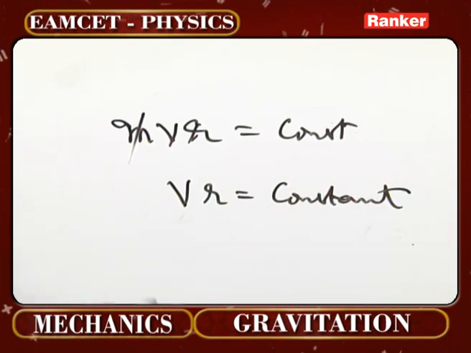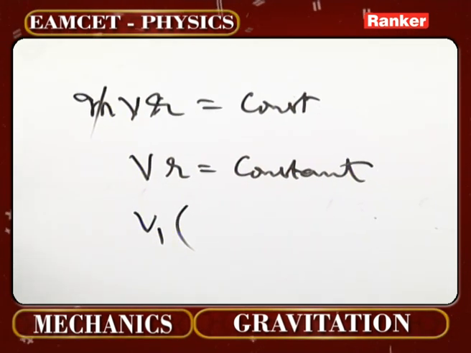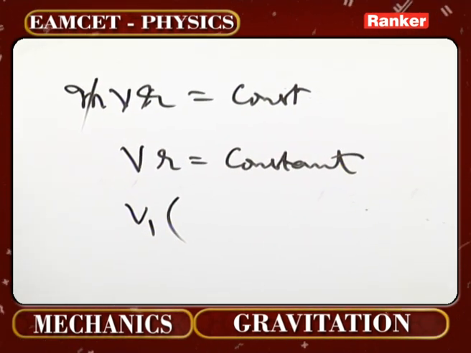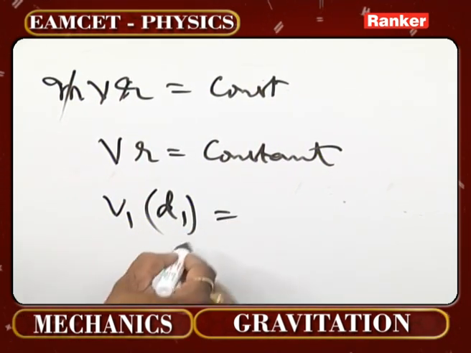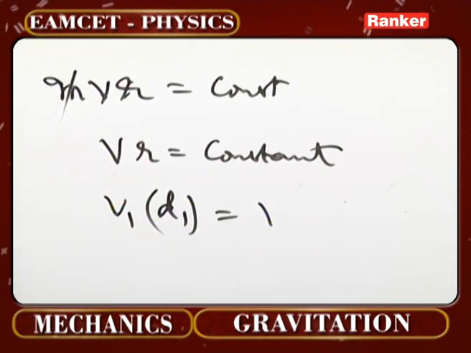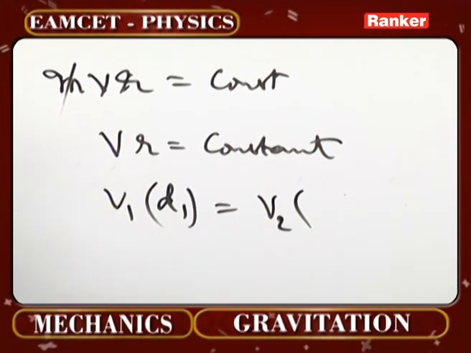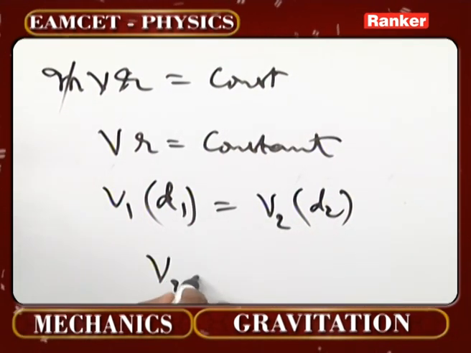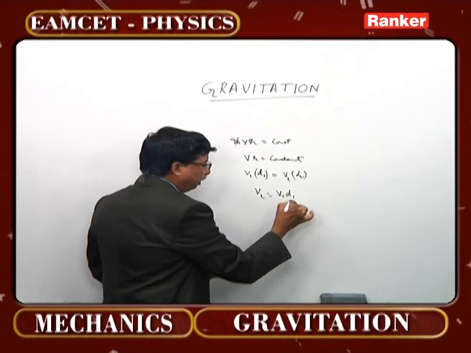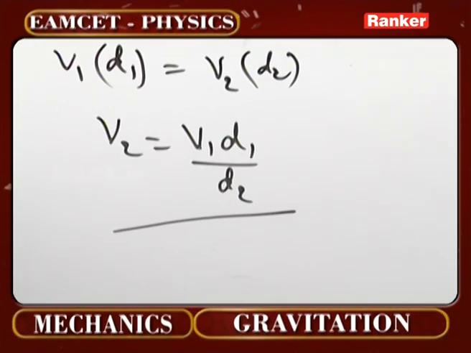Now what is the velocity given at P? It is given as v1. And what is r that is given? R is nothing other than the distance given as d1. And of course, what is the second velocity we want? I write that one as v2 and the distance there is now d2. What will be v2 is the question. It can now be taken as v1 d1 by d2.